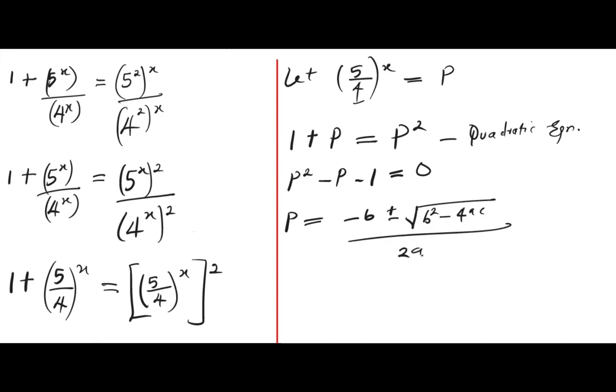This is the quadratic formula, and we are going to use it to solve this quadratic equation. a equals 1, b equals negative 1, and c equals negative 1.